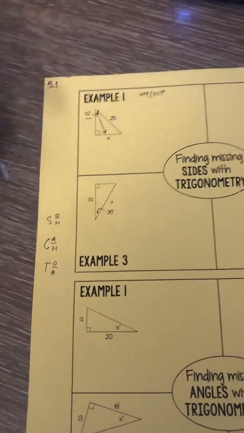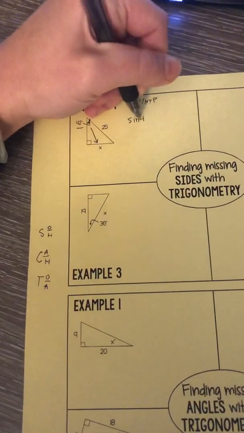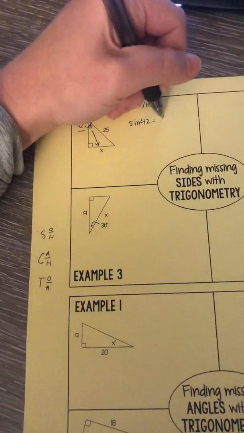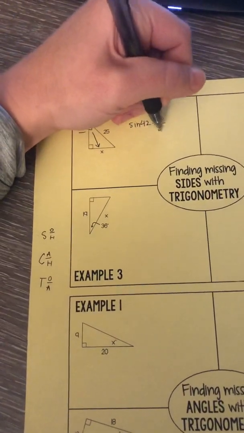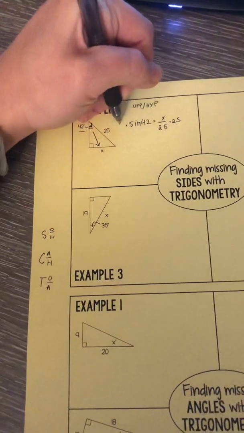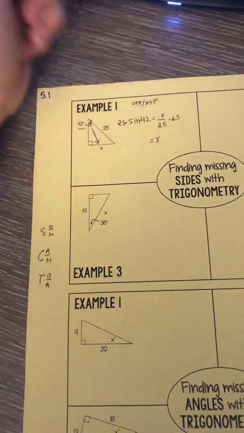That's the only one that's O and H. All right, so that means that sine of 42 is equal to x over 25. All I have to do is find sine of 42 and multiply it by 25 to get my x value.